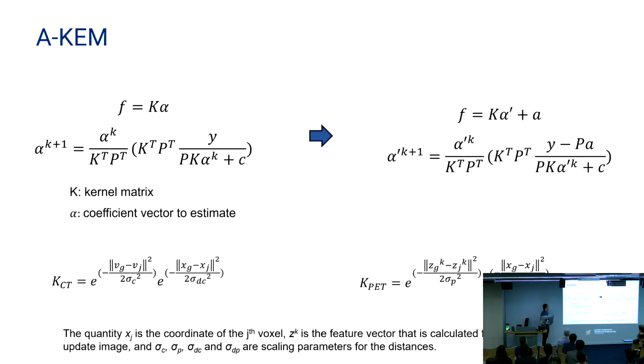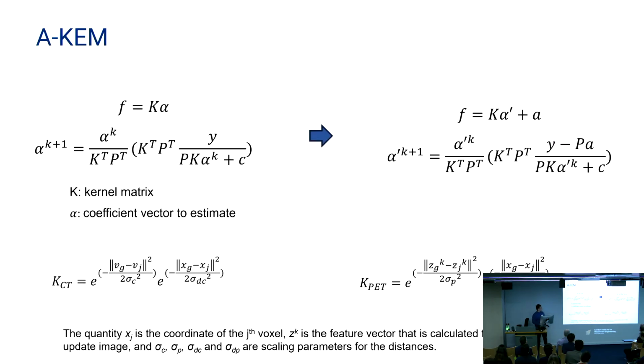We can borrow the same idea for the KEM. On the left, we have the classical kernelized method, where K is a kernel matrix and alpha is the coefficient vector to estimate. We can simply add the lower bounds and reformulate the formula on the right.